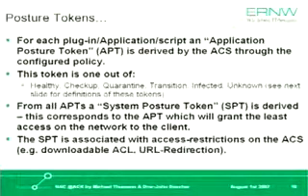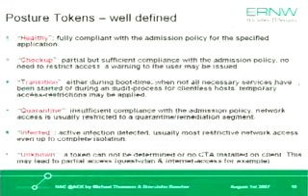From all these, a system posture token is derived, which is basically the application posture token that gives the least access on the network. Like if you have quarantine, checkup, and healthy, the effective one will be quarantine, least privilege basically, the principle behind this. And this posture token is then associated with restrictions, and these restrictions are then enforced on the network access device. Okay, that's how it goes.